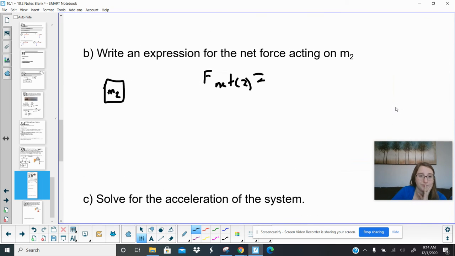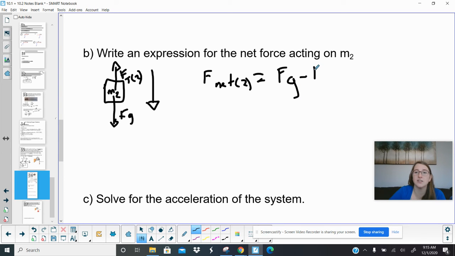Okay, well, we have the force of gravity, and we have force tension 2. Again, this tension is going to be different because the mass is different on that side of the pulley. It is traveling downwards, so force gravity should come first, minus force tension 2.